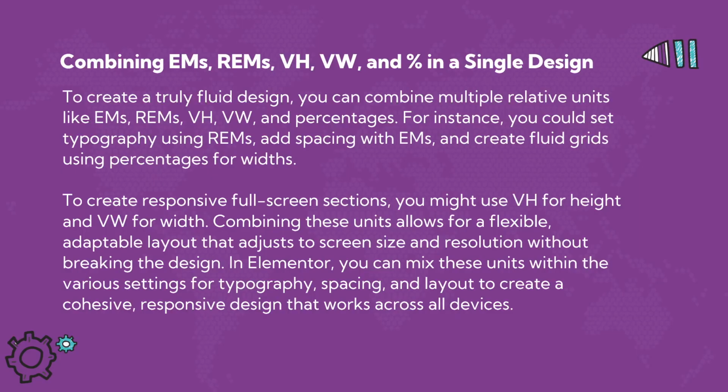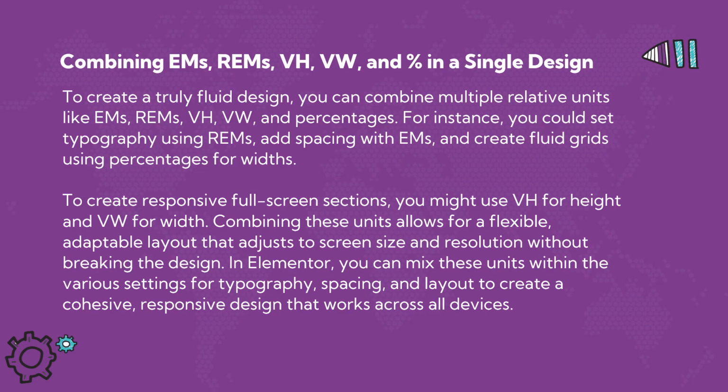So how do we now combine EMS, REMS, VH, VW, and percent in a single design? To create a truly fluid design, you can combine multiple relative units like ems, rems, VH, VW, and percentages. For example, you could set the typography using rems, add spacing with ems, and create fluid grids using percentages for widths.